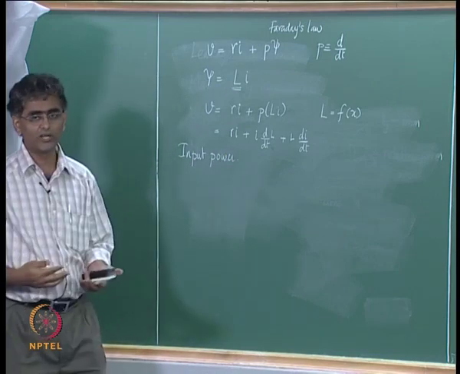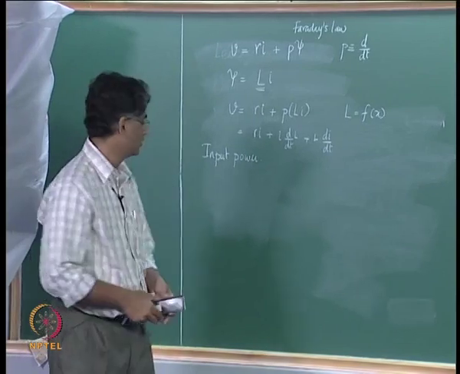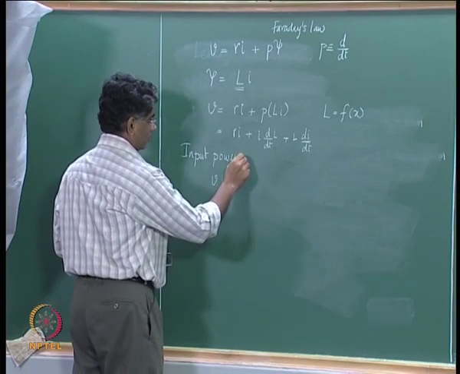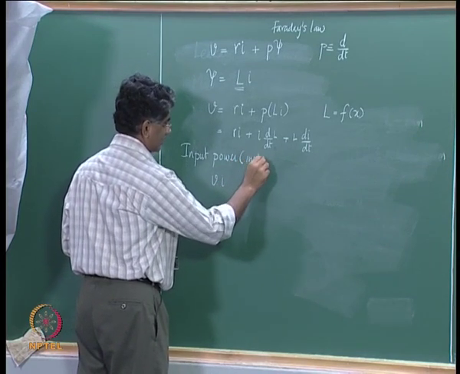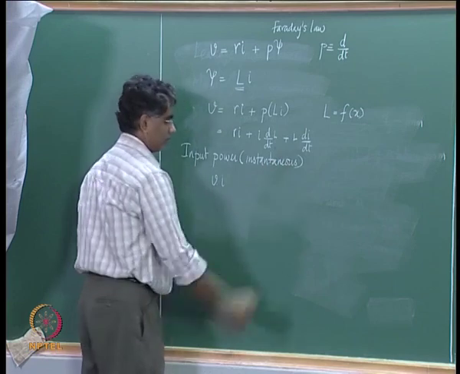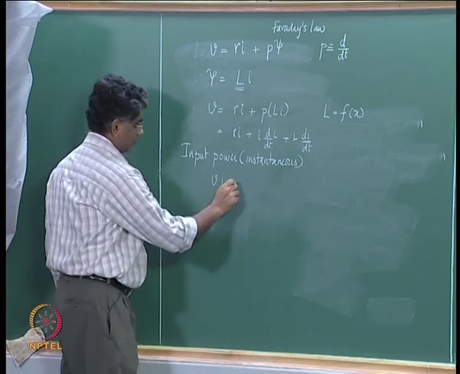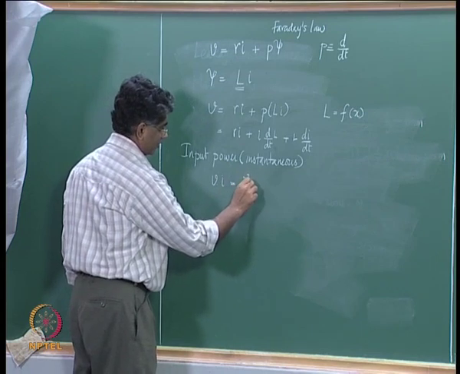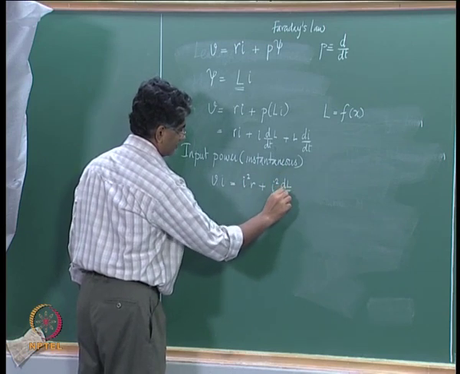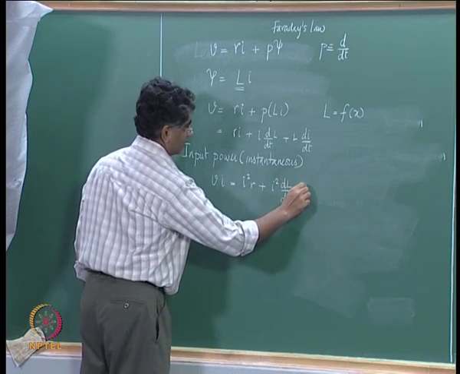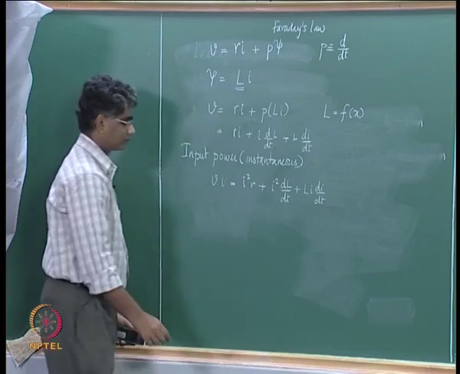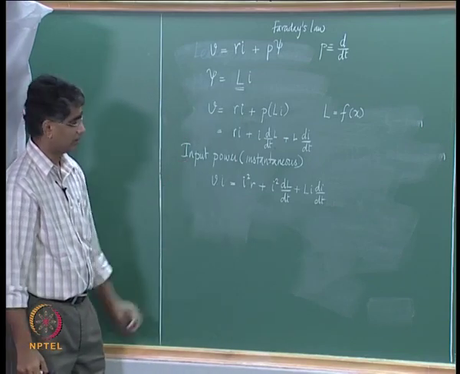From the electrical side, there are no other inputs to the system, and the input power is therefore V multiplied by I. This is the instantaneous electrical power, that is V into I, which is nothing but I squared into R plus I squared into dL by dt plus L I di by dt. This is the input electrical power.